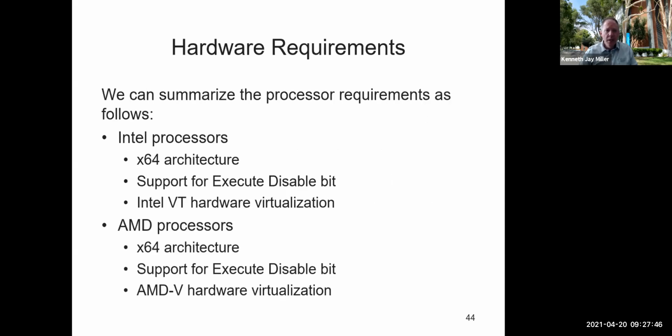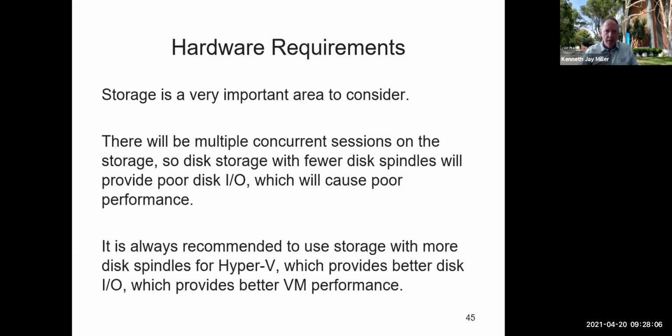Okay. Some of the other processor requirements, if it's an Intel, it has to be 64-bit, support the execution disable bit, and then have the Intel VT, and AMD, same thing with the AMD-V. All right.